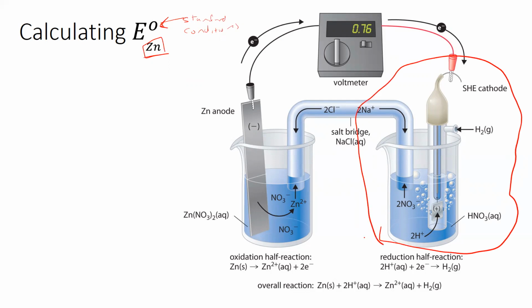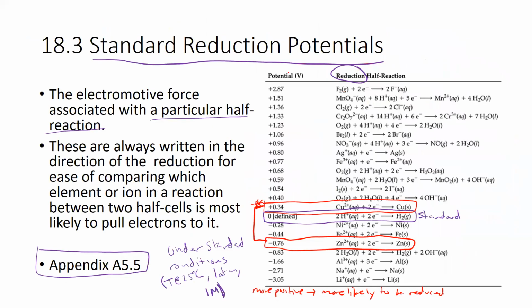Okay, and so in that half cell, if you hook that up, you would wind up getting a value for this particular reaction that your voltmeter, your potentiometer, would give you, of 0.76 volts. Okay, and so that's how all of those values up in this table are done.